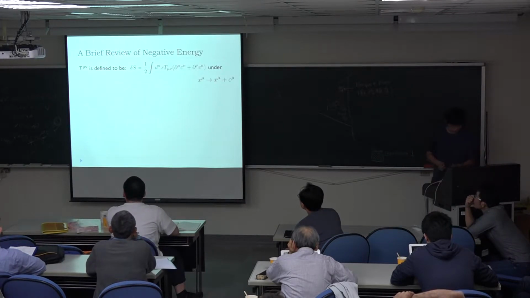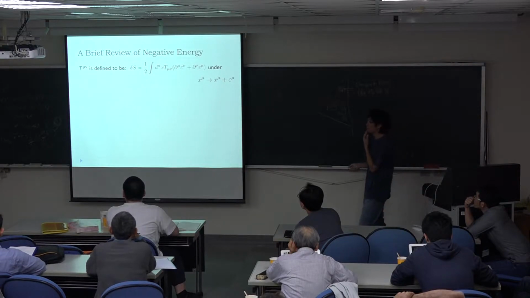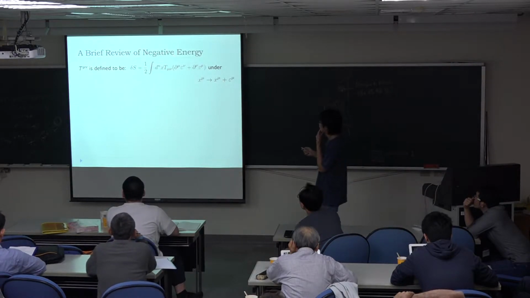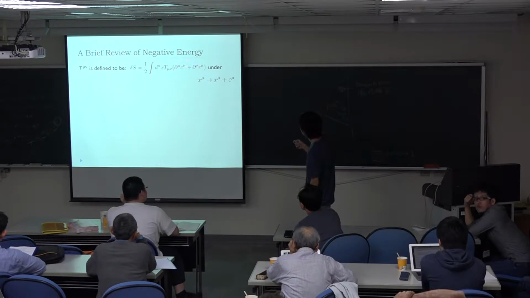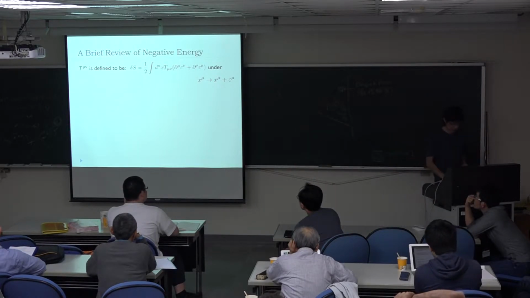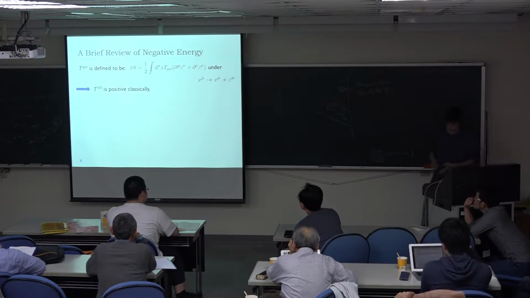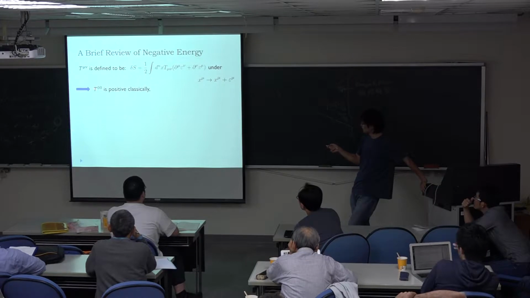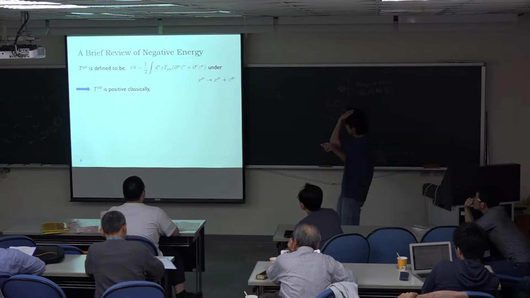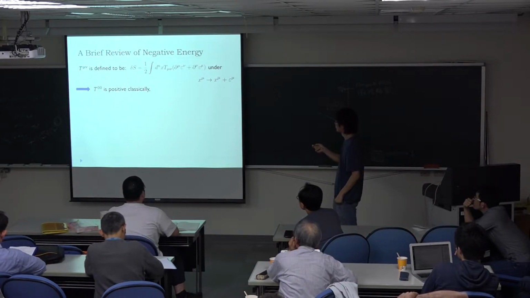Let me give a very brief review of what negative energy is in field theory. This is the definition of the energy momentum tensor, just the charge that generates the spacetime symmetry. Classically, the energy density, I mean the zero-zero component of the energy momentum tensor, is positive.